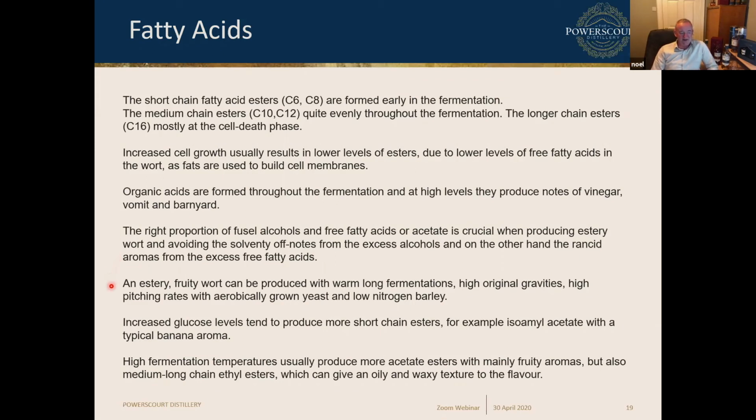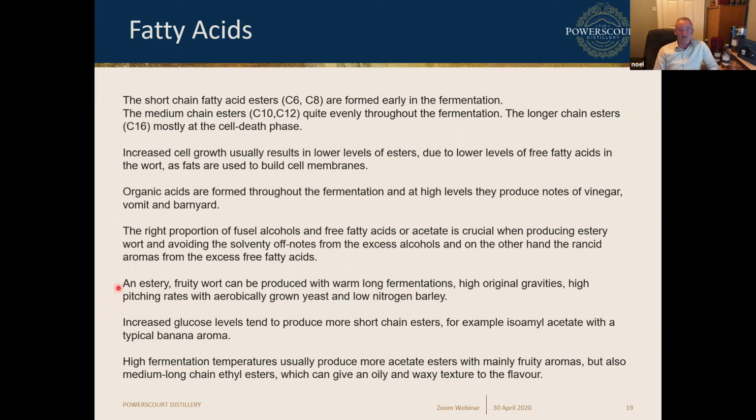And estery or fruity wort, which is what I mentioned about the clear wort, can give us more fruitiness if we have warmer fermentation. Again, that's down to the temperature in the fermenter, and we mentioned how to control that temperature to keep it not too hot but warm. Longer fermentation times also help with these fruity notes.